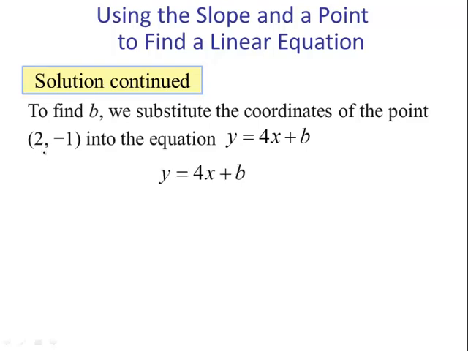So the given point 2 is the x coordinate and negative 1 is the y coordinate. So where we see a y here, we substitute negative 1, and the x coordinate we substitute a 2.